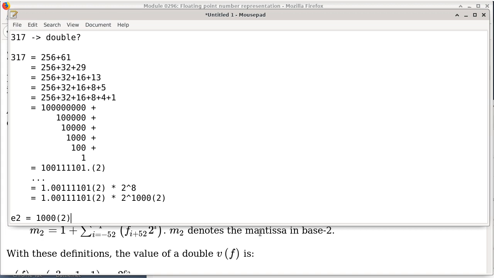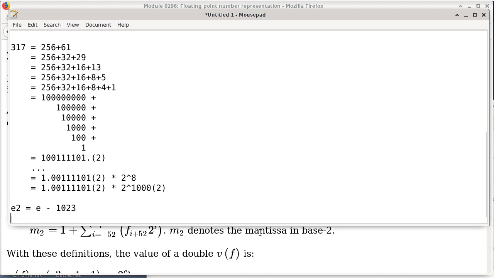But you mentioned earlier that we use E in binary to represent the exponent in a double. This is just E2. How does E relate to E2? E2 was E minus 1023. Yes, so E2 is E minus 1023, which means E is, help me solve this equation, E2 plus 1023.